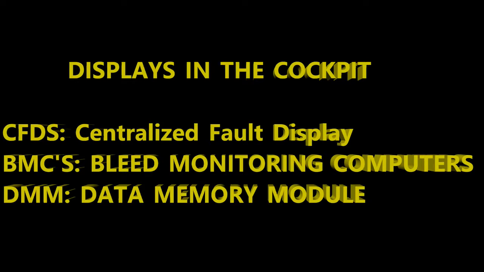Also, just want to mention one thing with the data memory module and the ECB. If you're going to be switching out or replacing the ECB, you don't want to be switching out the data memory module at the same time, because you're probably going to lose data. It's one or the other as far as installation or replacing. You don't want to do both of those tasks at the same time with those 2 components.